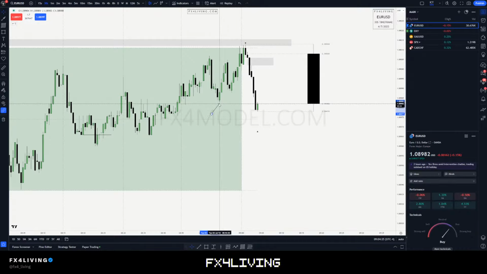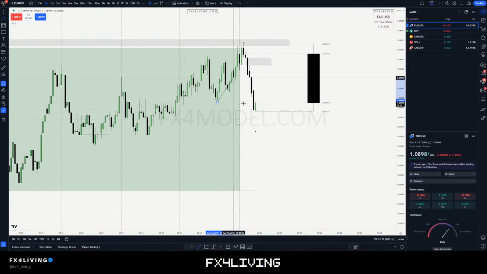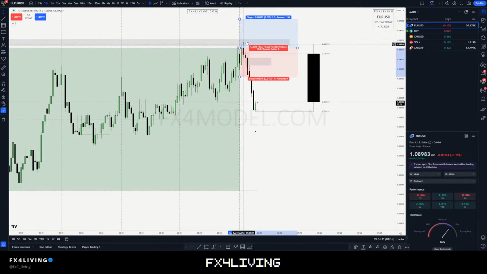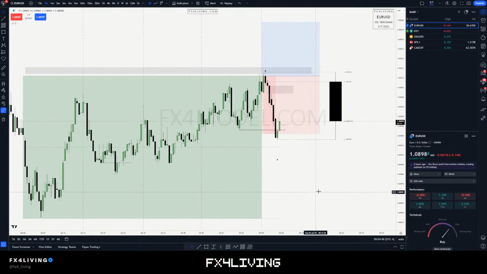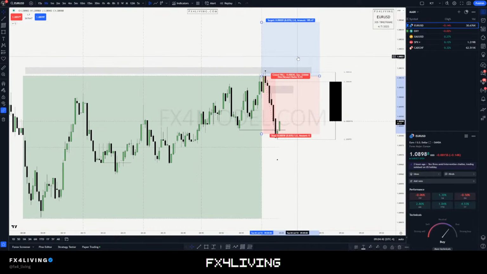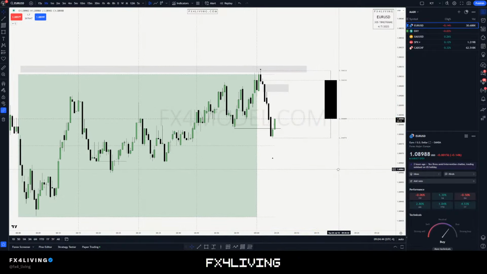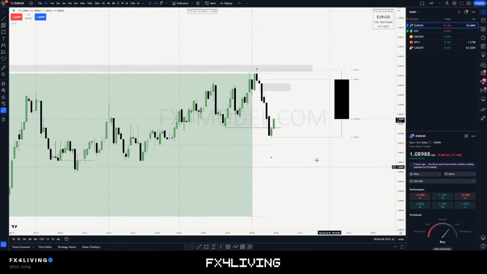So this low got taken out, perfect. And this was the delivery of this high got taken out. So what does that mean? That means people that got triggered and bought here got already stopped out, basically. You see that? So this is what I want to see for that. Now we're taking this low, seller.